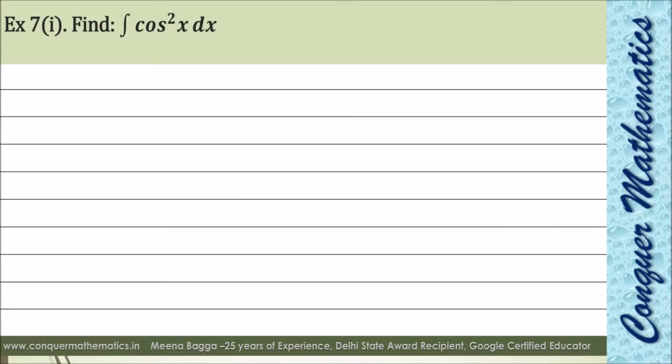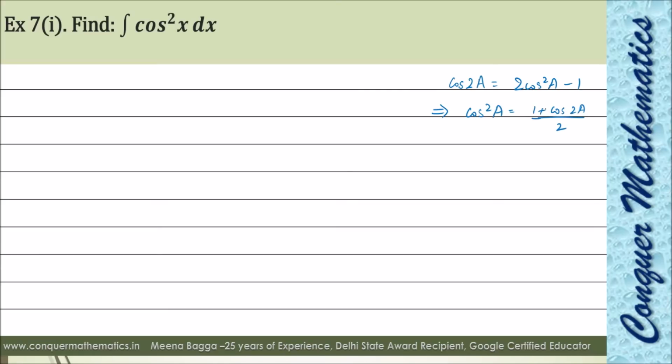So this is example 7 of the book, integral of cos square x, and this exercise is for using trigonometric results. The trigonometric result relating to this is cos 2a is 2 cos square a minus 1, and I have already told you since 11th class that we should remember these types of results to use quickly.